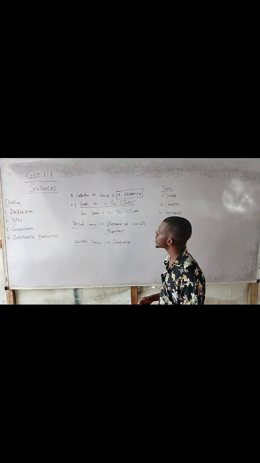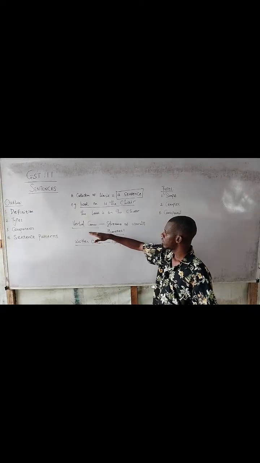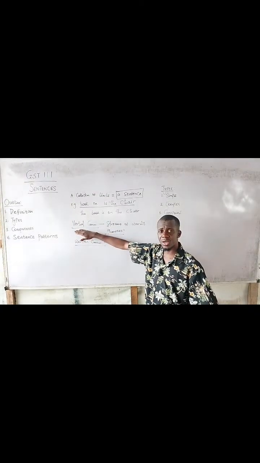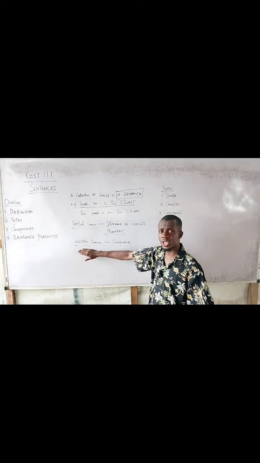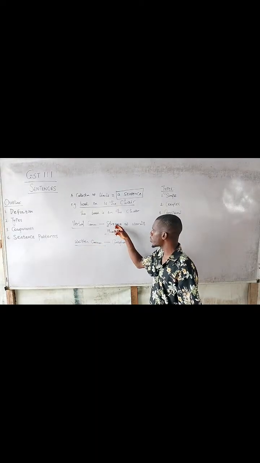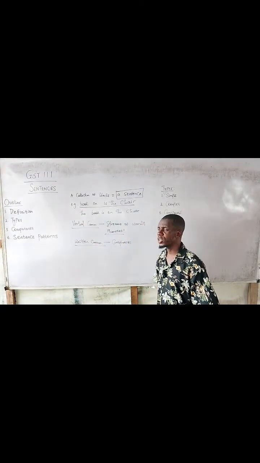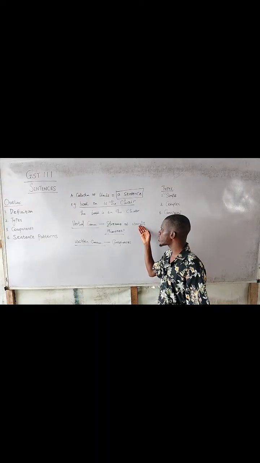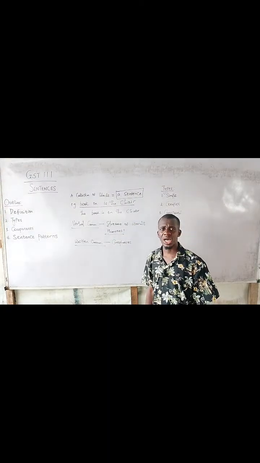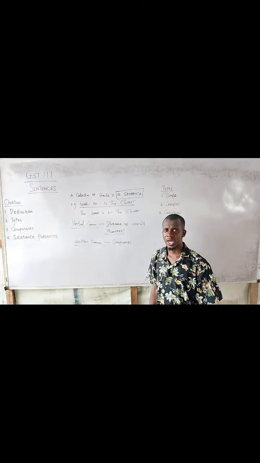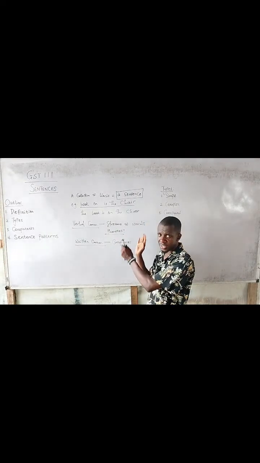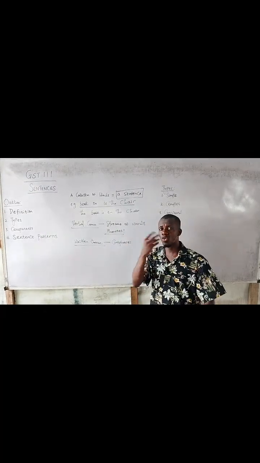Now, during sentence formation, it could be in verbal communication or in written communication, we produce what we call streams of words. So in verbal communication, I will produce streams of words known as phonemes. These streams of words are actually sentences, but they are oral.